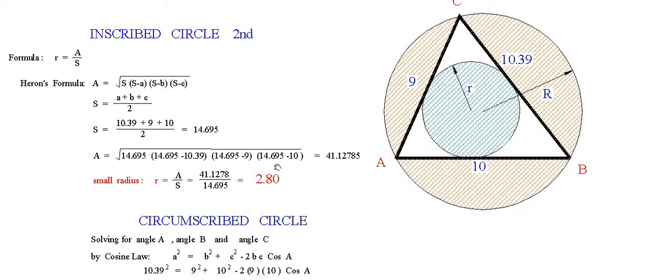Then the area, okay, substitute to Heron's formula for s and so on. So the area is 41.12785.